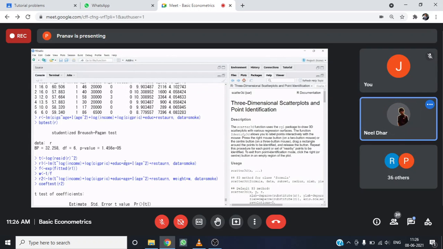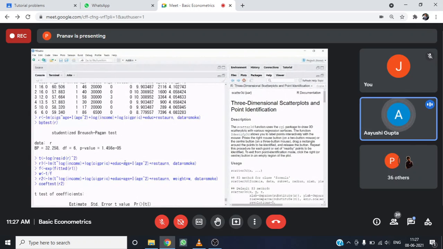There are many more variants of this. In that case, you assign weights to be the fitted values of the original regression. So what you say is that your error terms are proportional to the fitted values of the regression, and you decide the weight accordingly. If that works, well and good. If that does not work, this is one of the methods of assigning weights which will more or less work all the time.